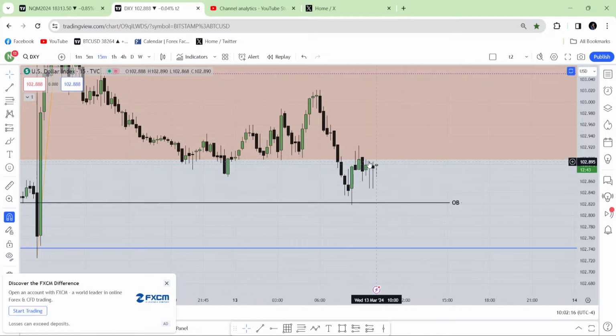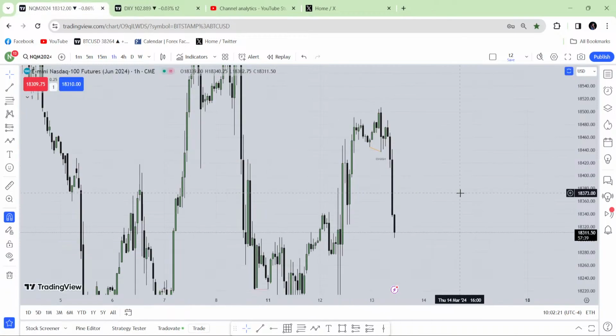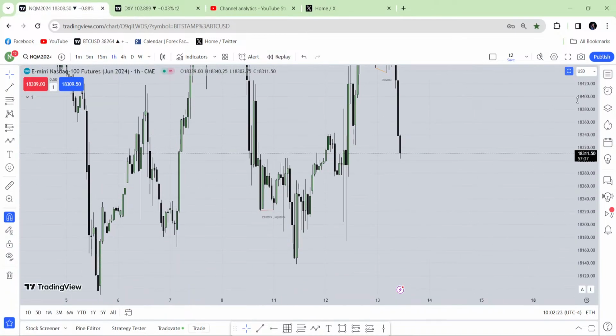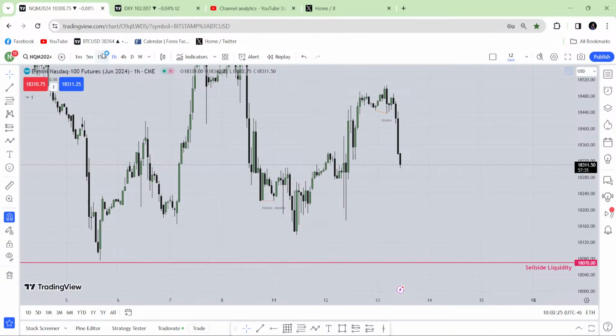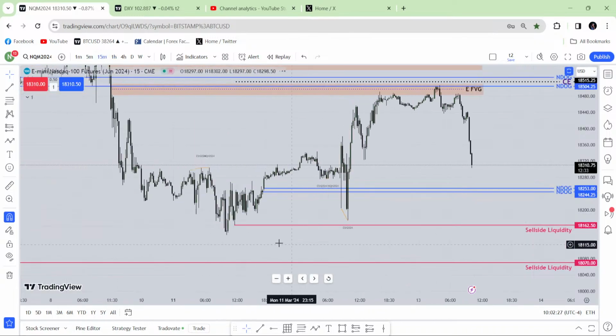Dollar index is still struggling here. Dollar is still struggling over there. But yeah, where is your next target, man? Where is your next target? This low and that low, they are relatively equal lows.